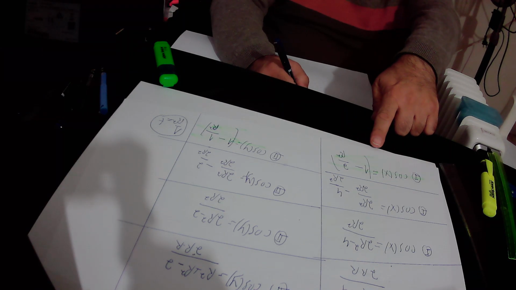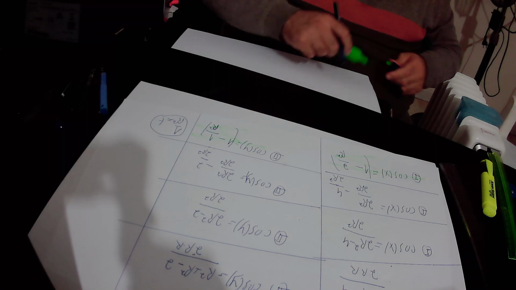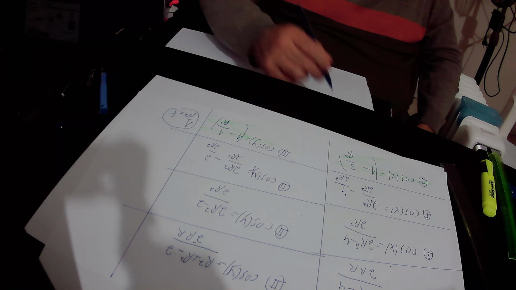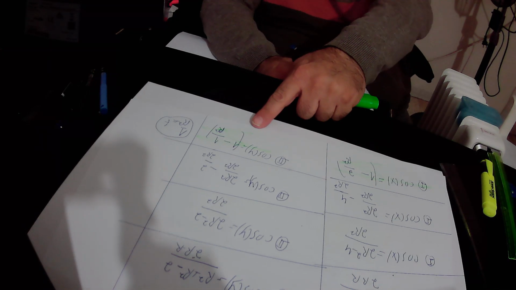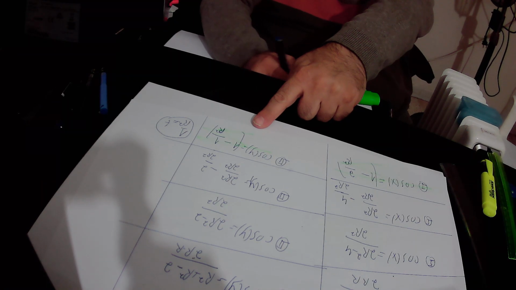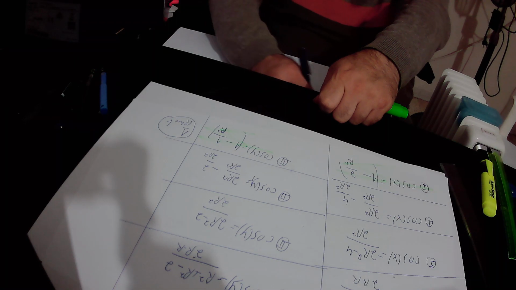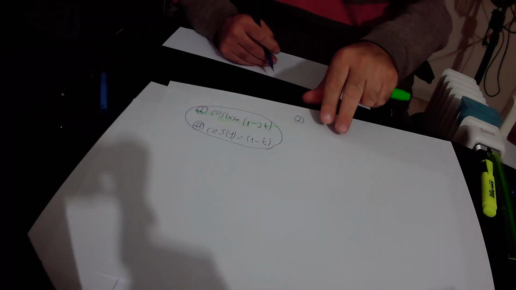So cosine x equals 1 minus 2t, according to equation number 1. And we'll substitute 1 over r squared by t in equation number 2, and we get cosine y equals 1 minus 1 over r squared, which is t, so cosine y equals 1 minus t. So those are the two equations.